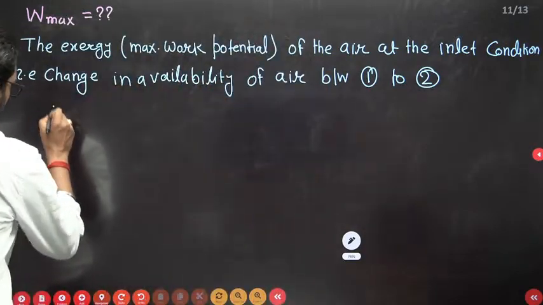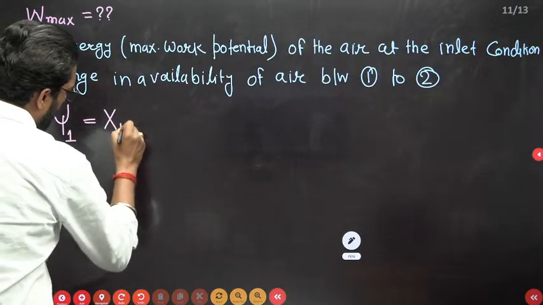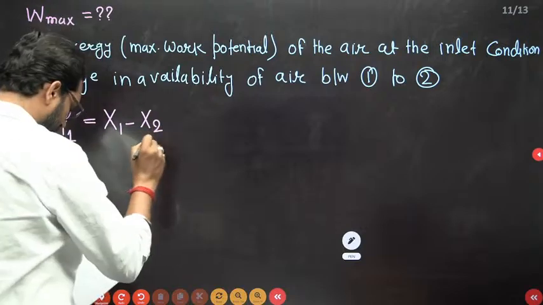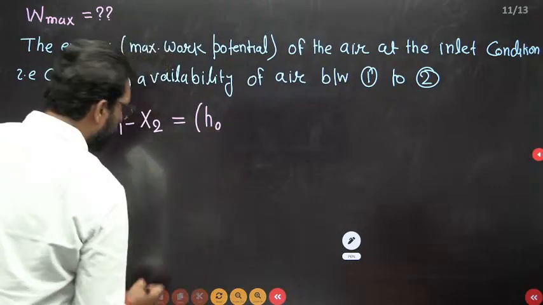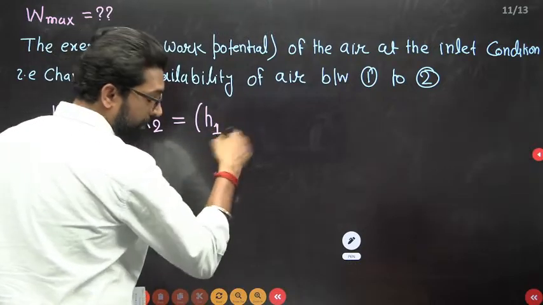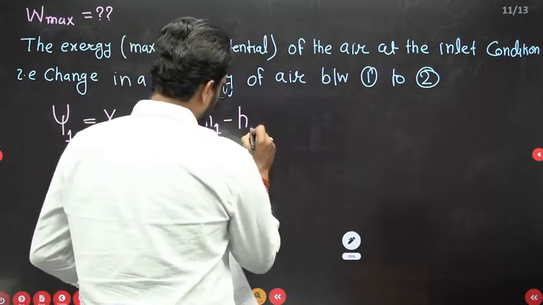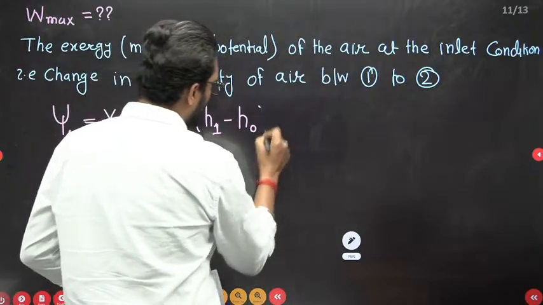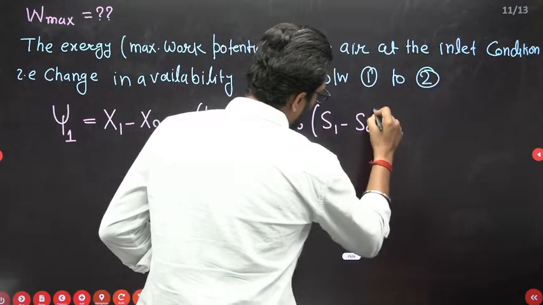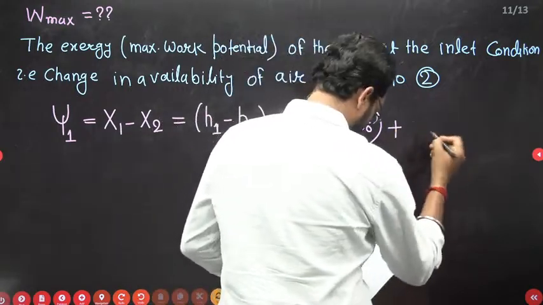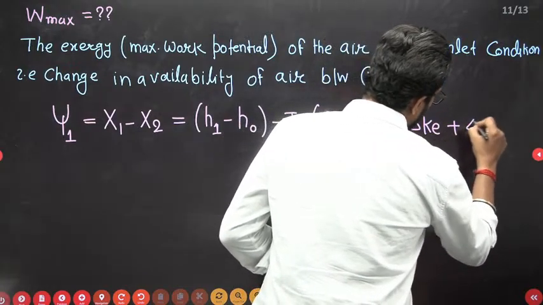So this is with respect to psi 1, and that is your exergy 1 minus exergy 2. And if you find this one, this is H1 minus H0, that is inlet minus surrounding dead state, minus T0 times S1 minus S0, plus change in kinetic energy delta KE plus change in potential energy.